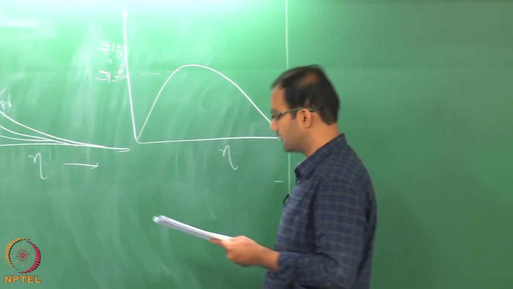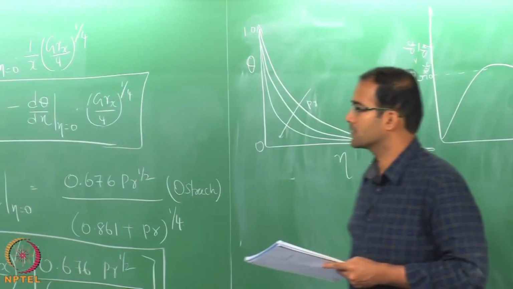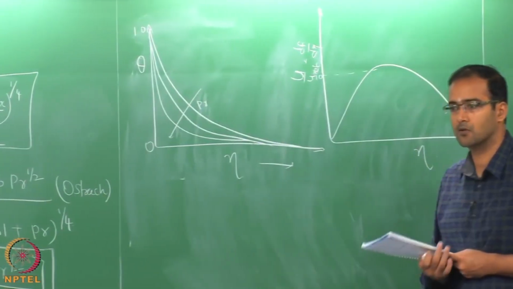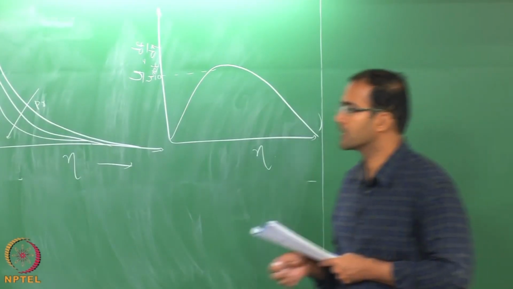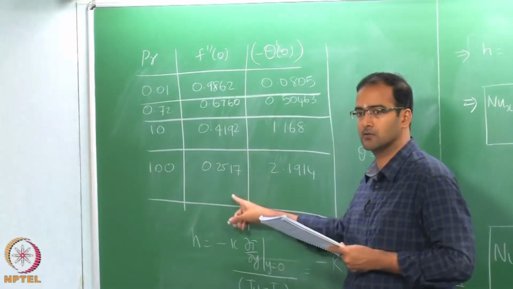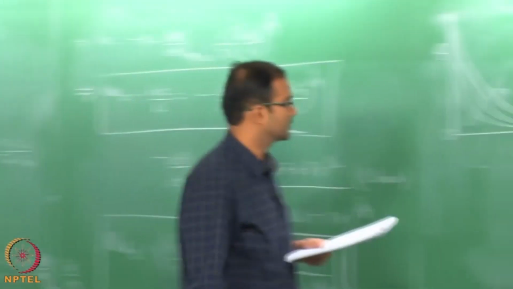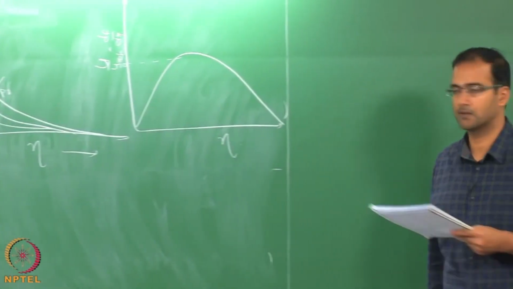And if the peak is not your u ref, that will exceed 1. Okay. And similarly with Prandtl number, what happens? What happens to the slope of the velocity at the wall? It decreases. With increasing Prandtl number, the slope decreases. So, therefore, how should the curve shift with increasing Prandtl number?